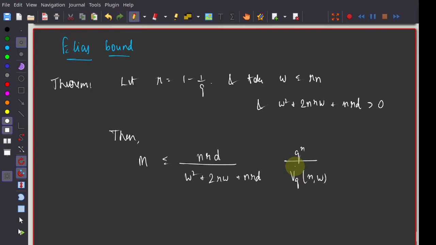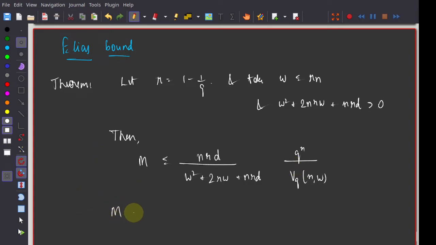Remember, for each w which satisfies these constraints, I get a bound. All of these are upper bounds. So the minimum over all possible w satisfying those two constraints gives me the best possible bound.